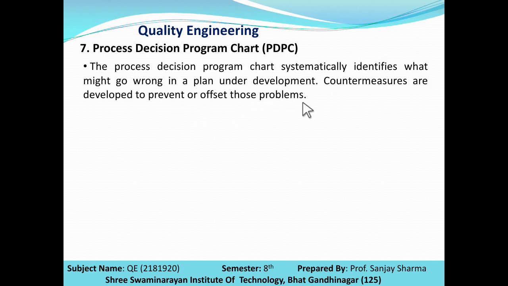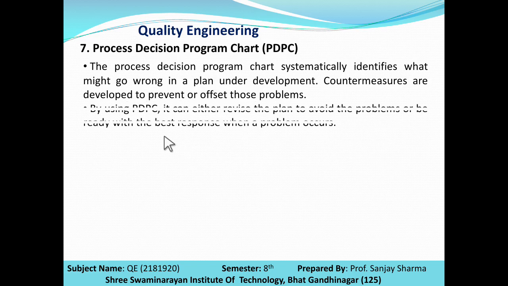So the process decision program chart systematically identifies whether something is going to go wrong in the planning or something has gone wrong. So it will be countermeasured or recorrected, to prevent or offset those problems.